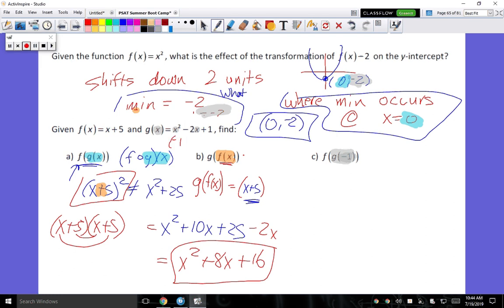So it'll be -1 squared minus 2 times -1 plus 1. What do you get? 4. So all of this came out to an answer of 4. So we're going to treat that output answer as our input variable now in f. So what's my final answer for this? 9. Good.